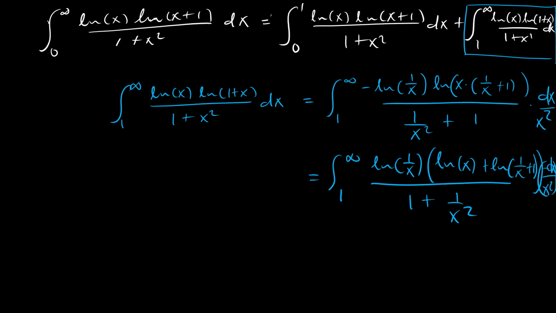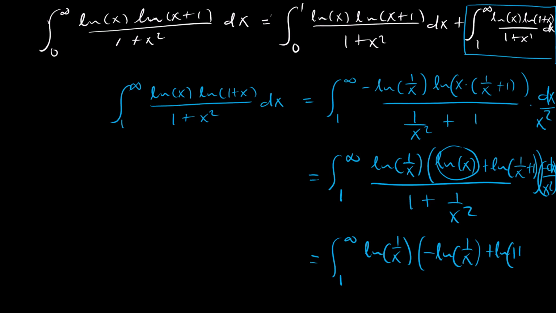So this guy here can be expressed as a negative. So this is negative 1 over x, like that, 1 plus 1 over x over 1 plus 1 over x squared, negative dx over x squared, like that.